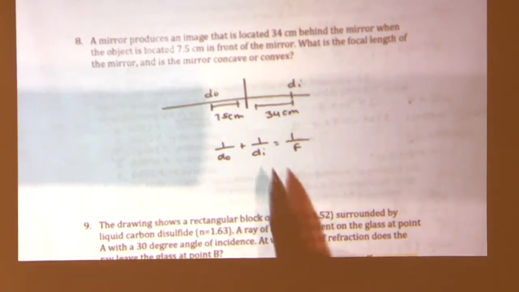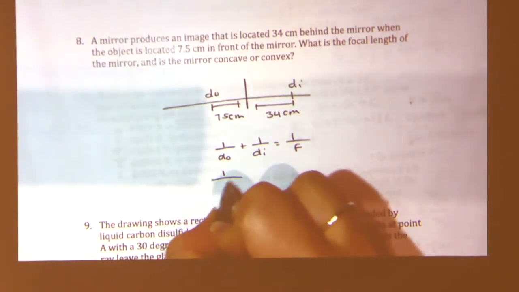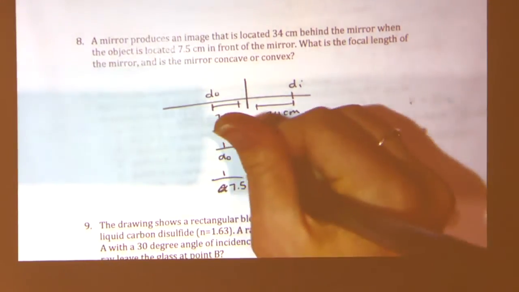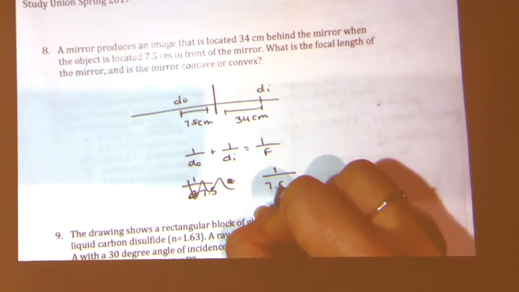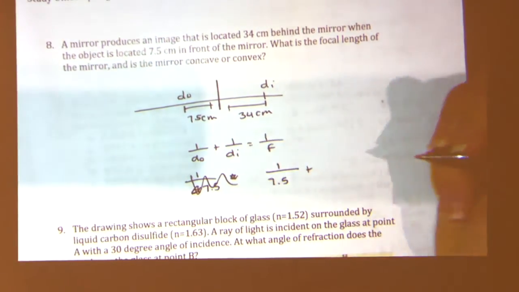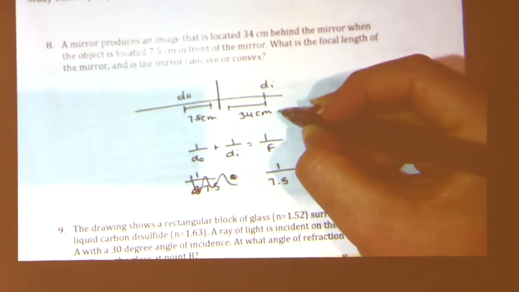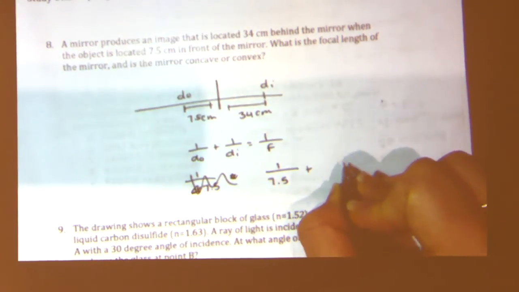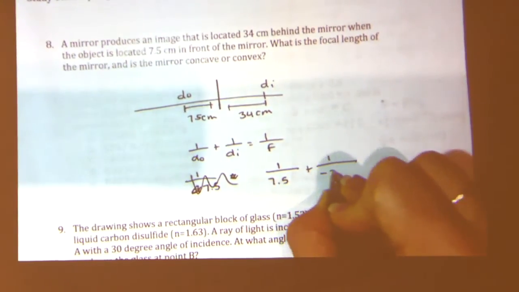Just remember that when plugging this in, we are going to have a positive DO because it's in front of the mirror. So we'll have 1 over positive 7.5. But this 34 is going to be negative because it's behind the mirror. So it'll be 1 over negative 34.